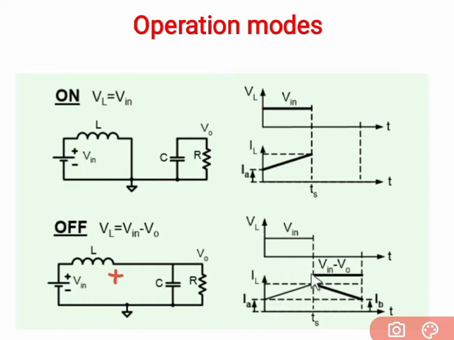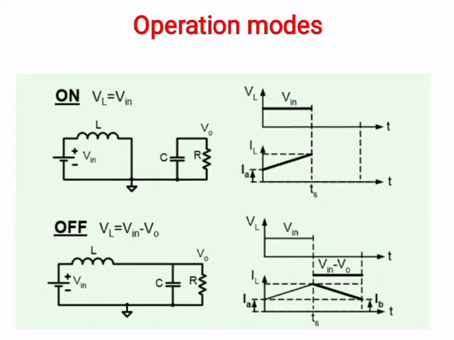We indicate that it is a negative value across the inductor, equal to Vin minus VO. So at the output side we get a higher voltage compared to the input voltage. In this situation, the inductor current decreases linearly from its peak value.